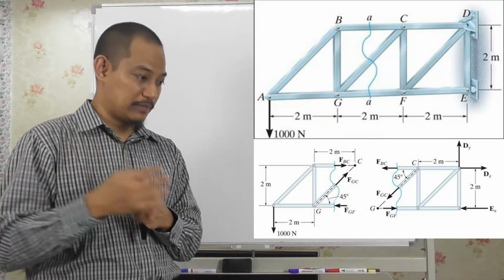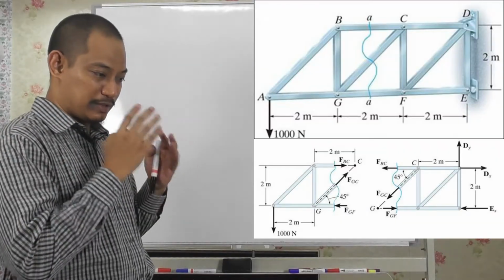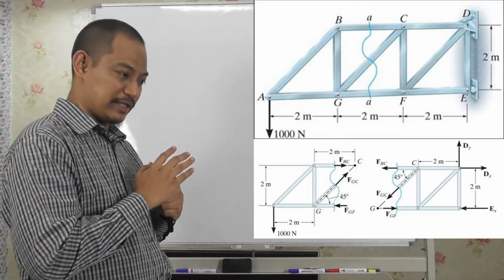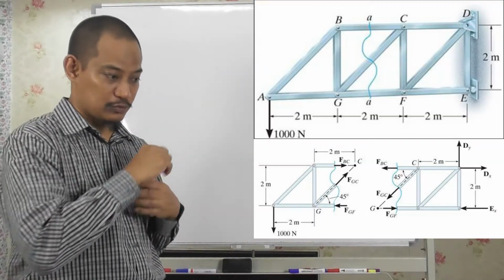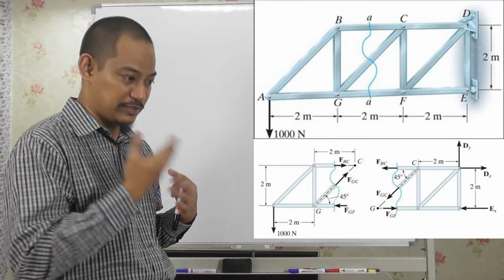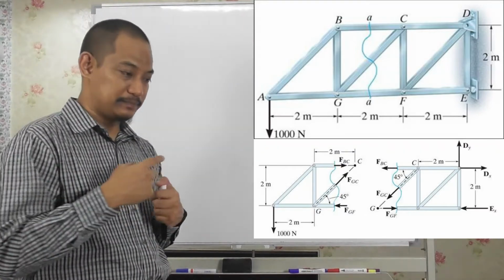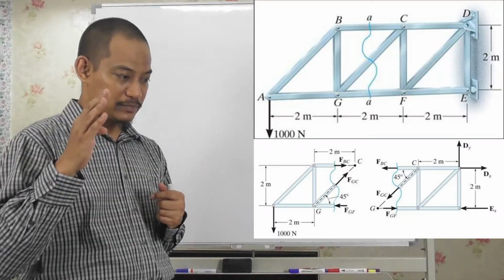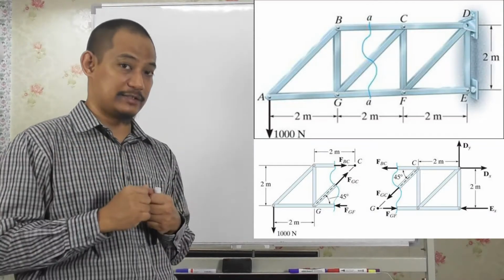But here, because it's not a point, it's a rigid body, right? So you have 3. So for example, if you look at this diagram, when you cut it that way, on the left side, you can straight away use that 1000 Newton force to calculate the unknowns, and you have 3 unknowns there, right? And if you look at the right side, you have the support reactions Dx, Dy, as well as Ex.